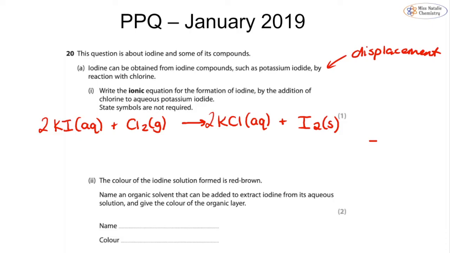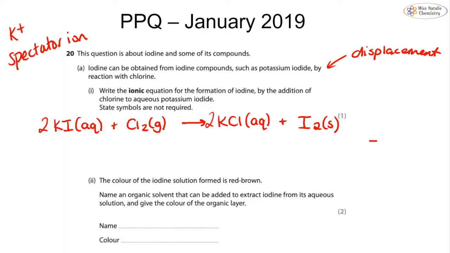Now, hopefully what you can see is that this potassium ion on both sides has remained unchanged. So the potassium ion is a spectator ion. So we don't include that in the final equation. So all we want to be looking at is the iodide, the chlorine, forming the iodine and the chloride.